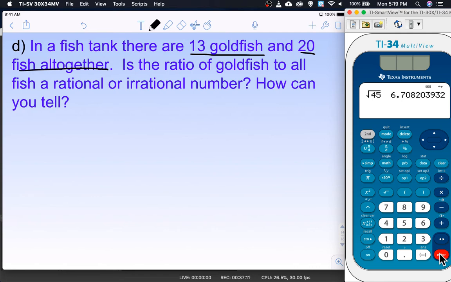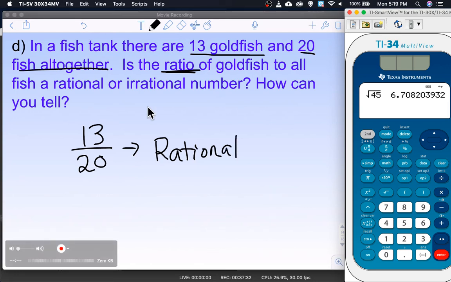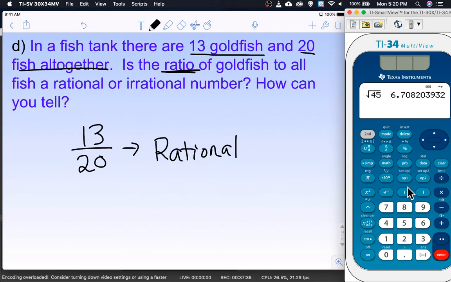All right, so a fraction is one way to write this ratio. The ratio of goldfish to all fish would be 13 to 20. Is this a rational or irrational number? Well, it is definitely a rational number, because, as you can see, it is already a fraction. That fraction does not simplify, but it is already a fraction.